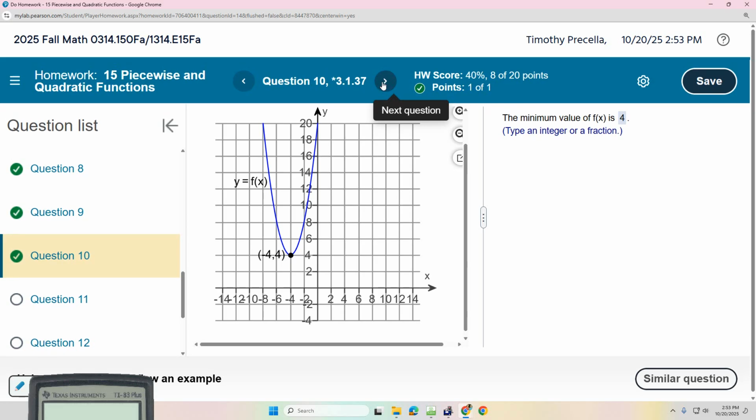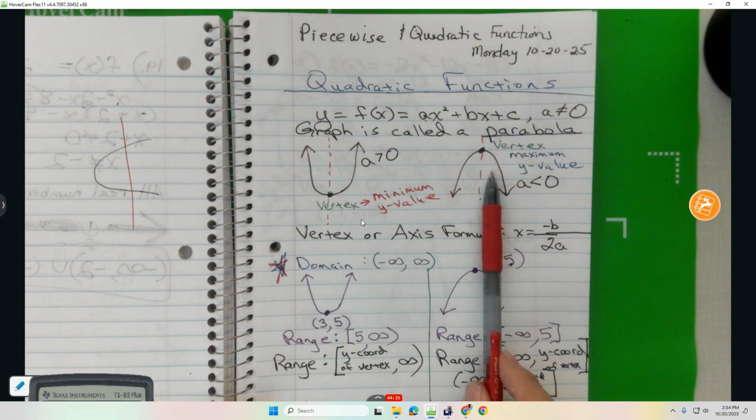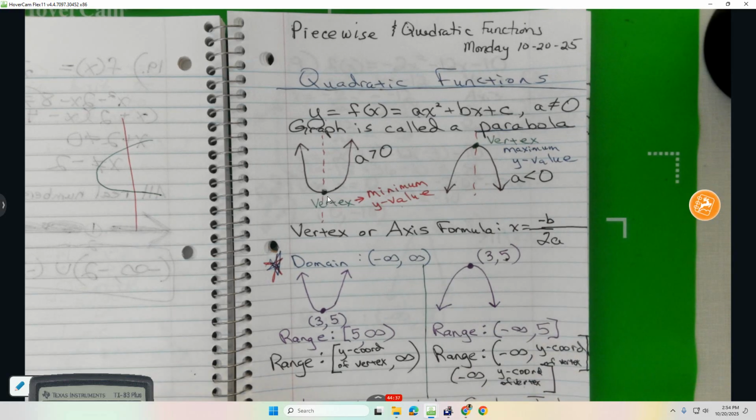Now the word problems. They are all asking for either maximum or minimum values. If you're looking at a parabola, whether it's opening upward or downward, where would the maximum or minimum value have to occur?